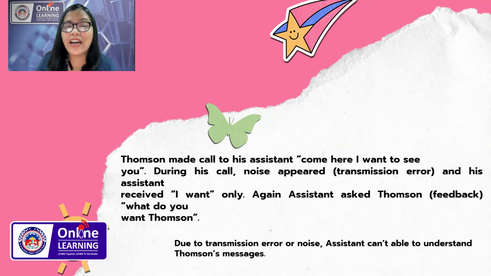During his call, a noise appeared, and his assistant only received, I want only. Again, the assistant asked Thompson, what do you want, Thompson? So there is a transmission error or a noise, a barrier. So this is also called the telephone model.